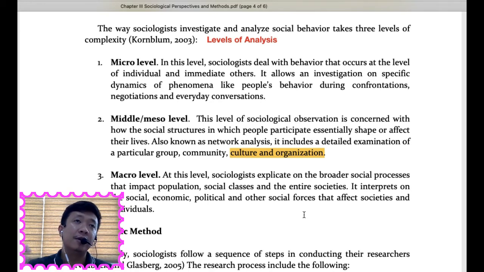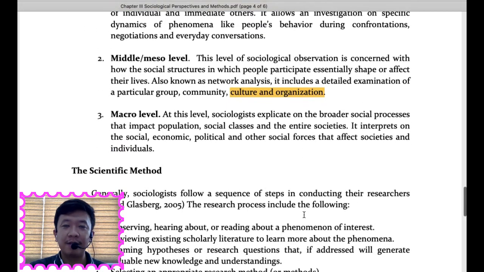Like for example, the interaction of the Chinese with the Romans, no? Babalik tayo sa Silk Road, for example, no? May mga ganong kwento, no? Macro level would be very, very difficult to capture. You really need a lot of resources, no?